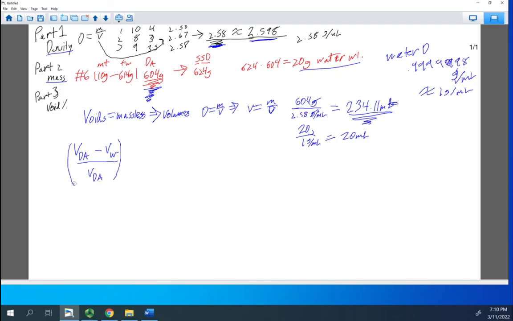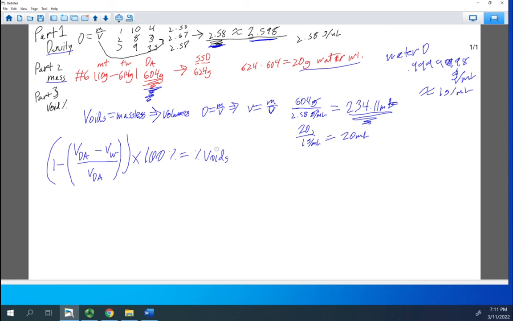Take that and put a 1 minus, because without it this would just give us the volume of full rock compared to the void. We'd get, I think in this case, 92% if we did not include this 1. So we take 1 minus that, take all of that times 100%, and that will give us our void percent.